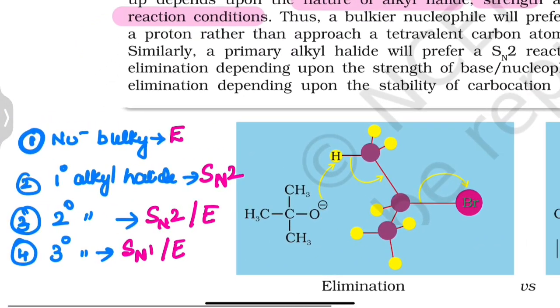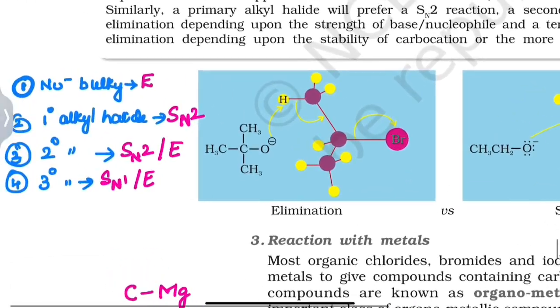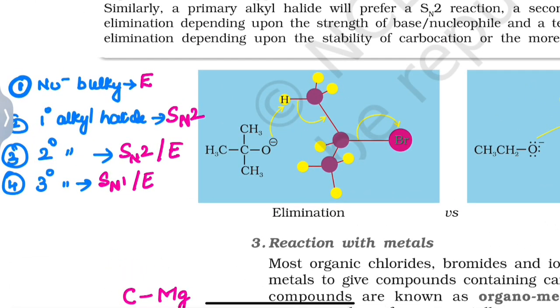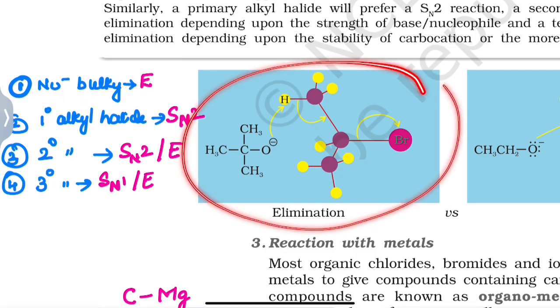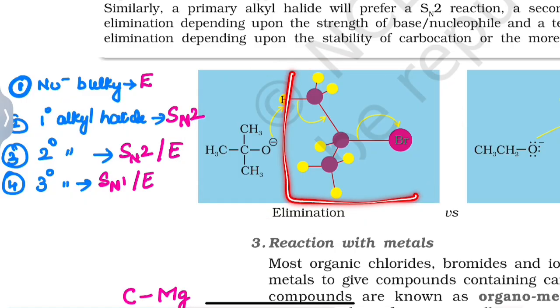Suppose if the nucleophile is bulky, meaning if it is bigger, whether substitution reaction or elimination reaction will take place. You can see elimination reaction will take place if the nucleophile is bulky in nature. You can see this picture. This is the alkyl halide and here this is the nucleophile.